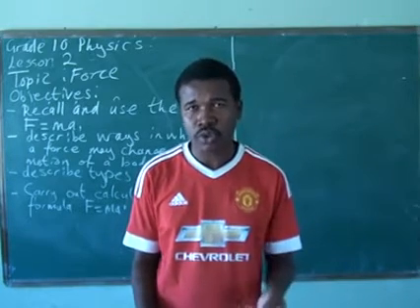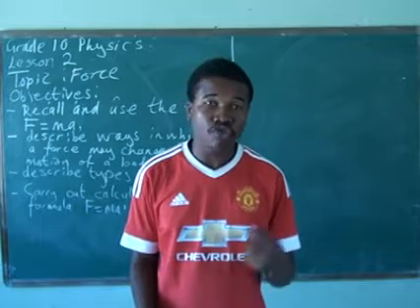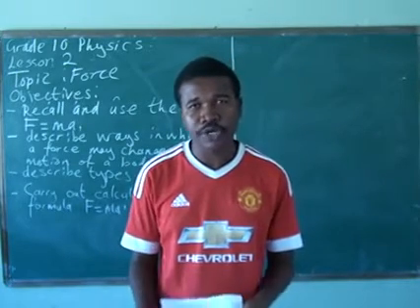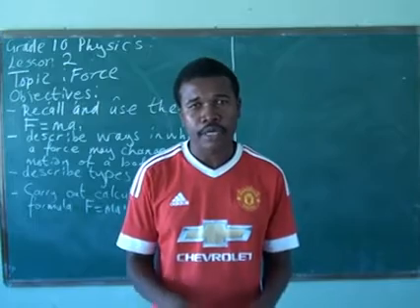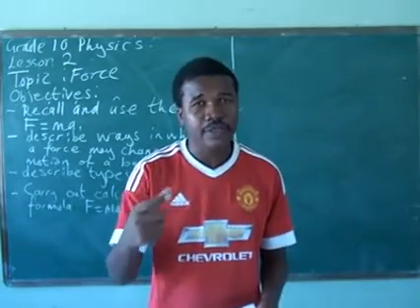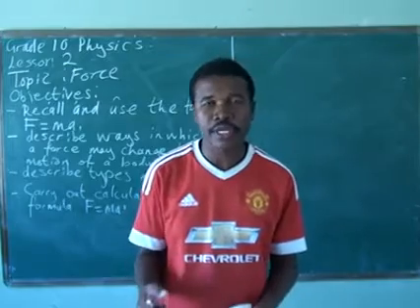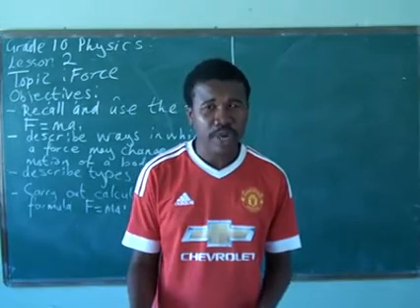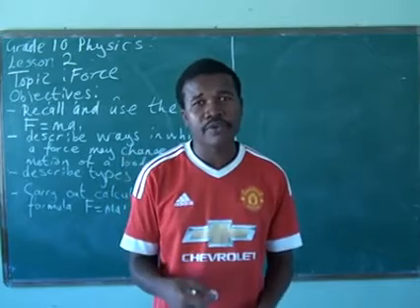We drew different diagrams to show the spring constant, the direct proportionality, and how the graph looks when you add weights onto a spring or any other elastic object. That's what we did in the previous lesson.